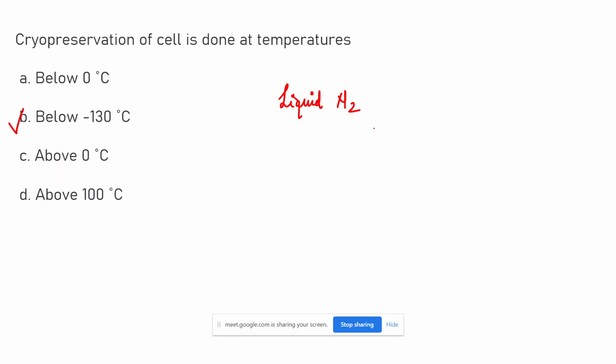Now, an important thing to remember while storing cells in liquid nitrogen is that storage is done in the vapor phase of the liquid nitrogen and not in the liquid phase.